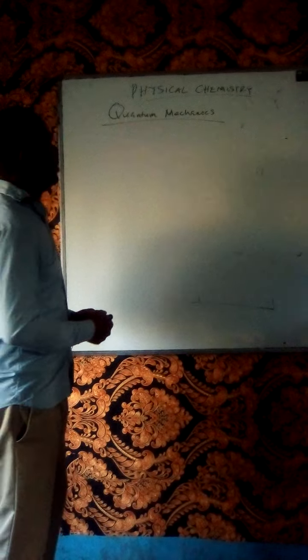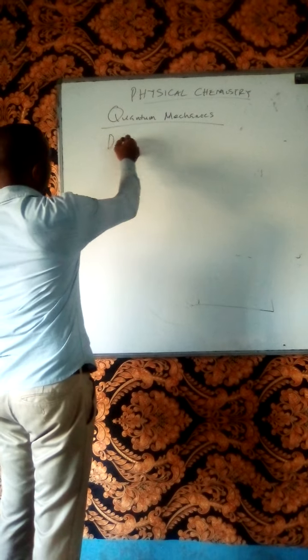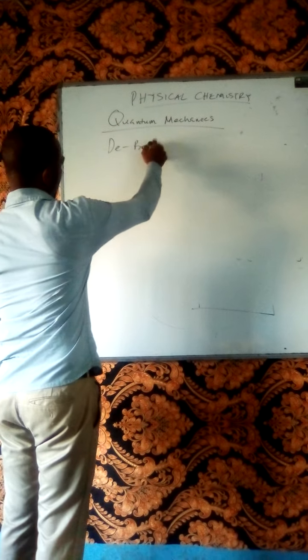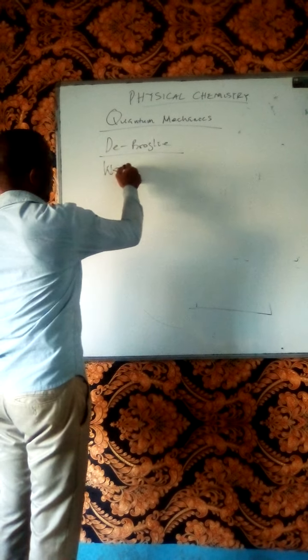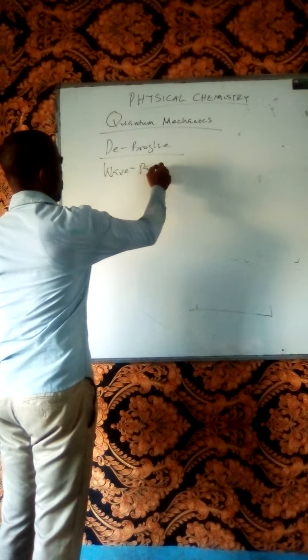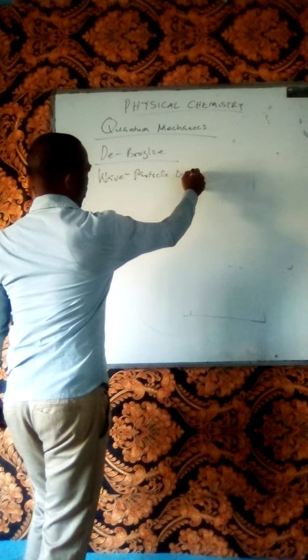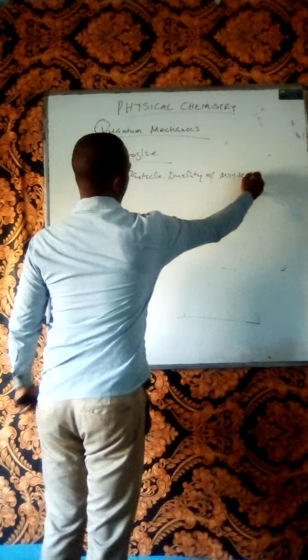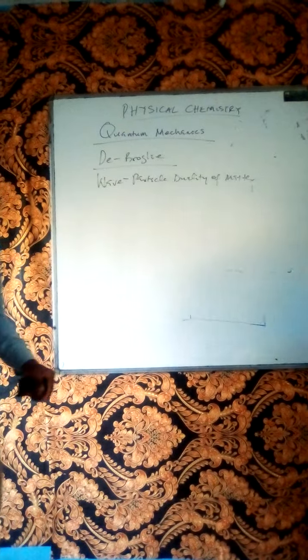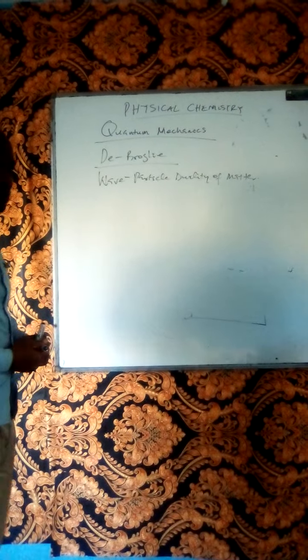The person is de Broglie. De Broglie gave us the wave-particle duality of matter. So according to de Broglie, matter can behave as a wave as well as a particle.